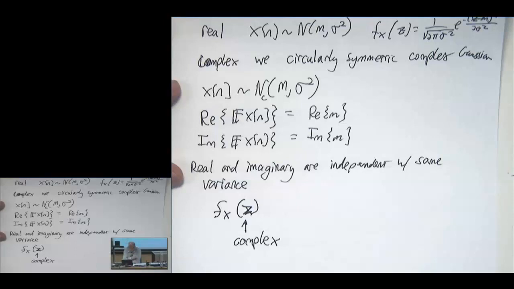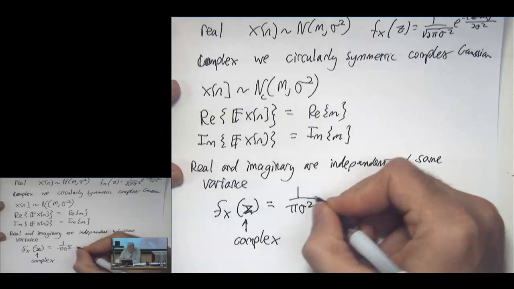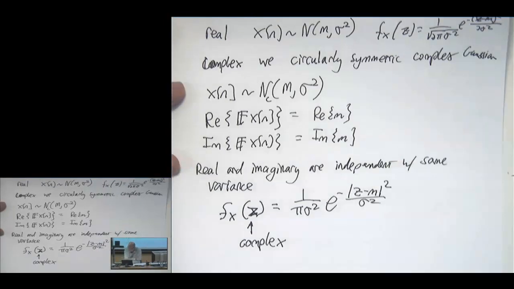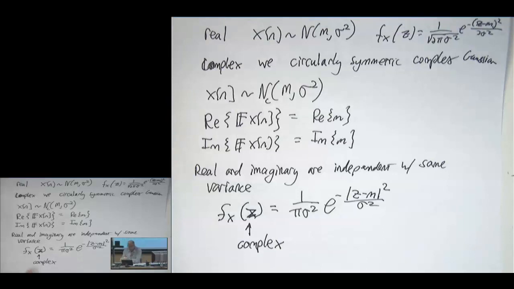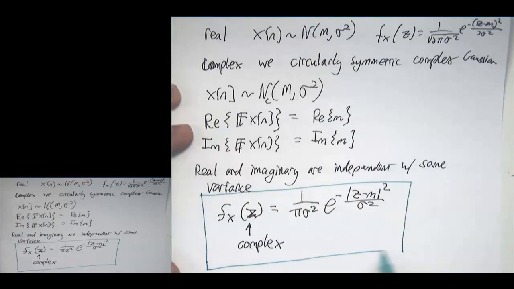But it turns out for this very special case, you can write this as 1 over pi sigma squared e to the minus z minus m absolute value divided by sigma squared. And so this result here we're going to use several times in the course. The fact that this is the distribution function for a complex Gaussian random variable.